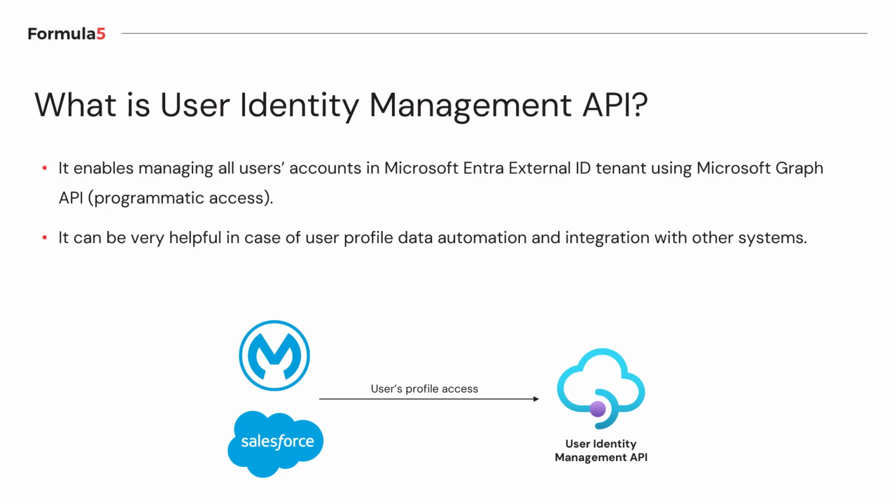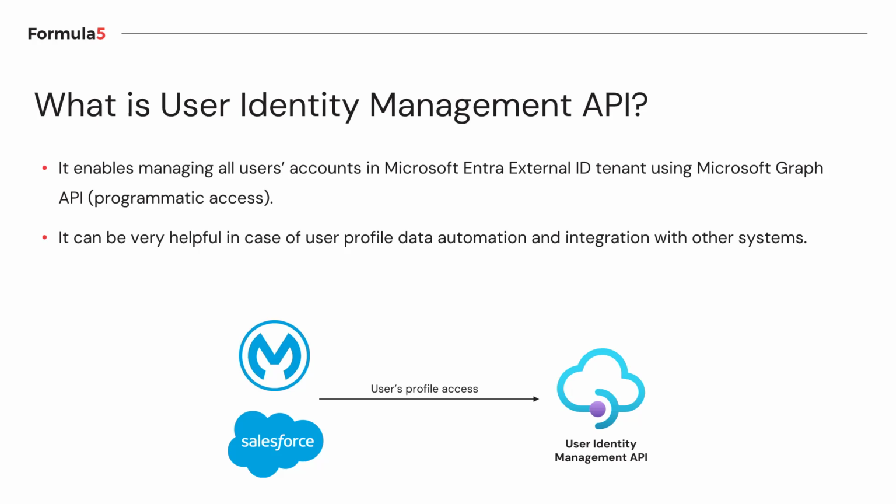For instance, you can try to imagine that there is Salesforce or MuleSoft, and now those tools need access to some users' profiles from the Microsoft Entra External ID tenant. Obviously, this access has to be provided in a standard way using a REST API and providing responses in JSON format. But also, this access has to be secure.